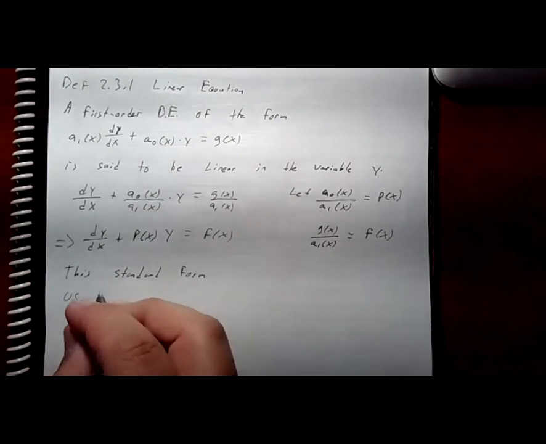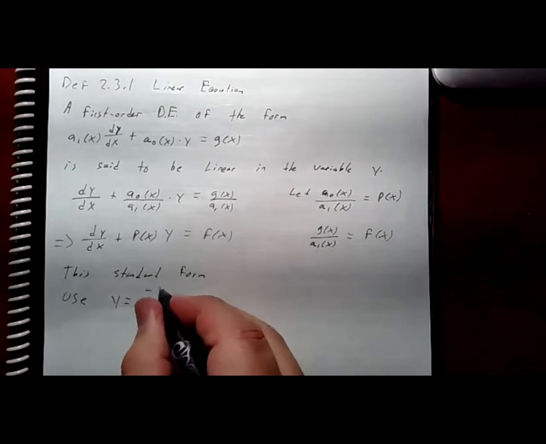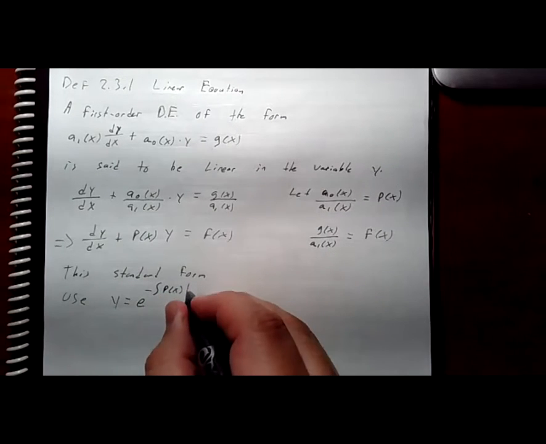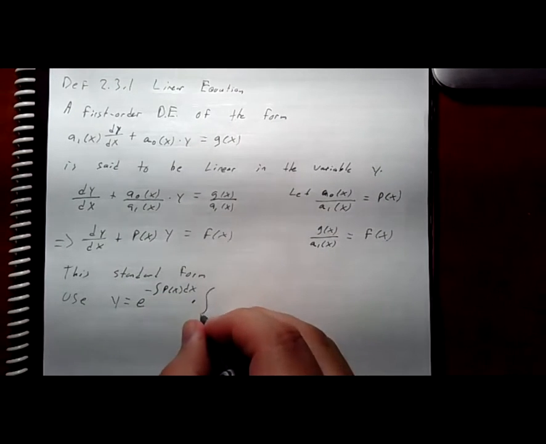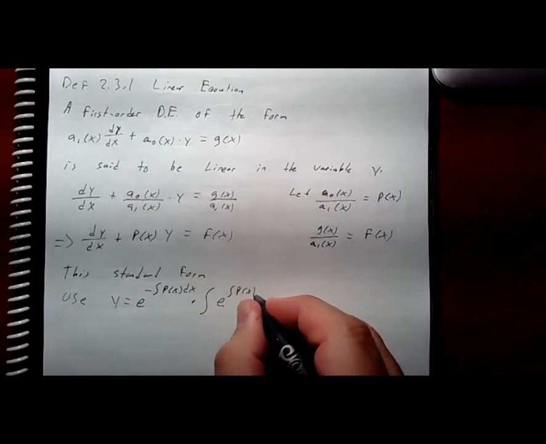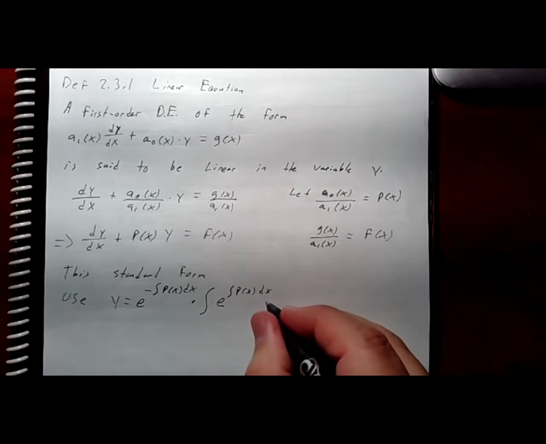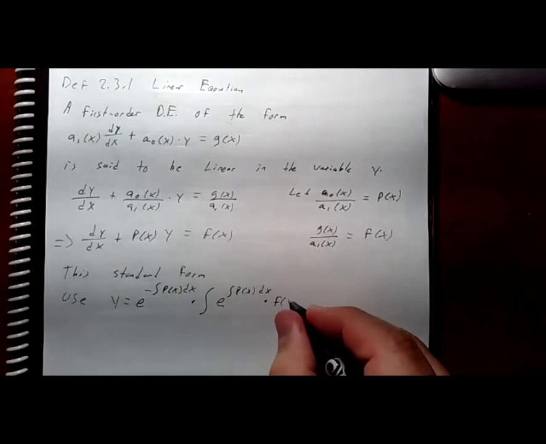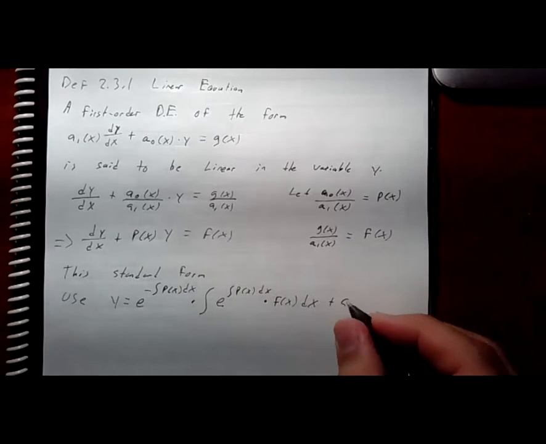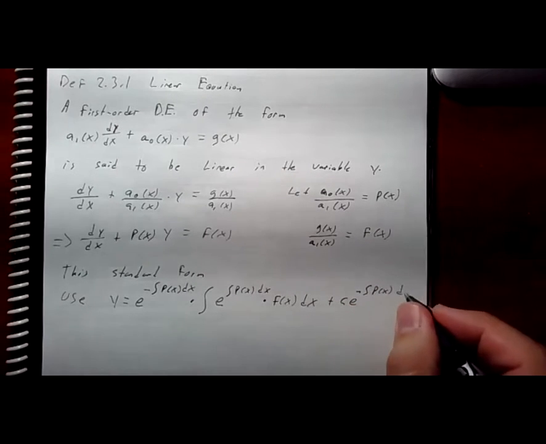So use y equal to e to the negative integral P of x dx times the integral of e to the integral P of x dx times f of x dx, plus C e to the negative integral P of x dx.